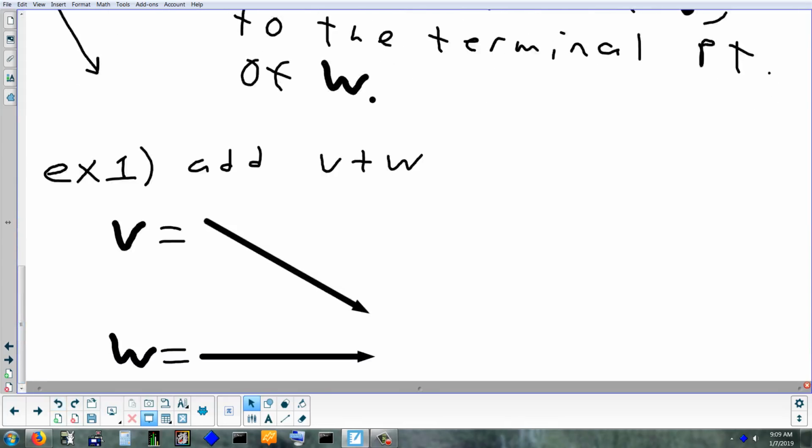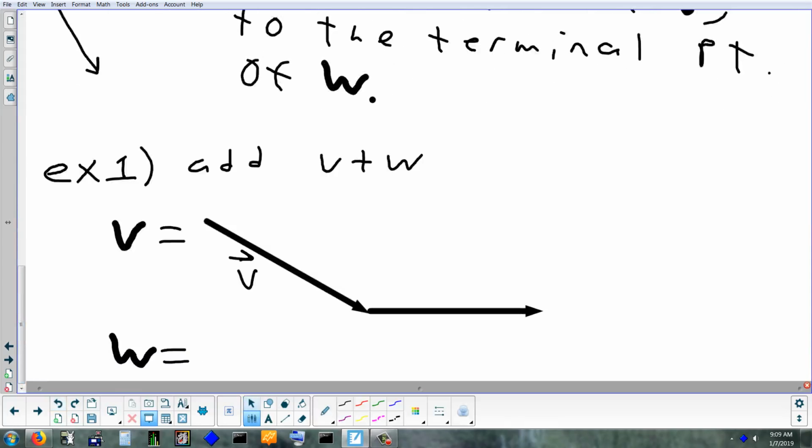Okay, so let's just add these two up. And even though I just said the order doesn't matter, let's just do it v plus w. So we take v. It's kind of hard to write in your notes, but if you just label them v, w, and then v plus w would be just like this.